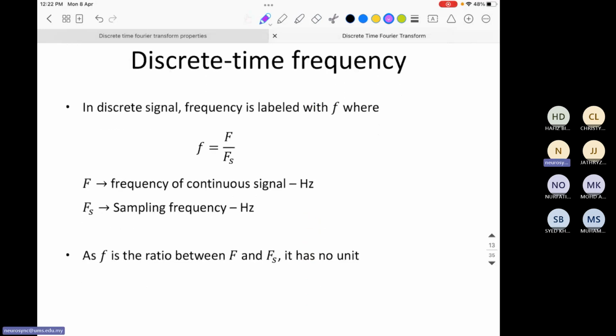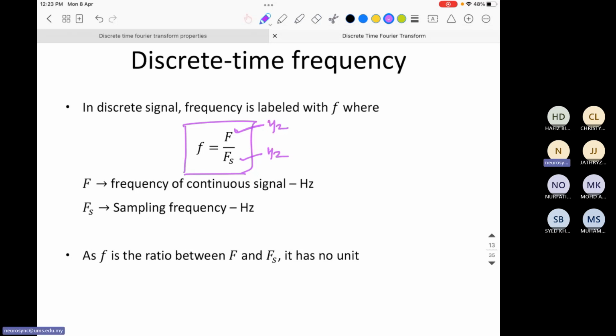Now the discrete time frequency, which we have already seen in the previous lecture. In a discrete signal, the frequency is the ratio of the frequency of the actual continuous time signal divided by the sampling frequency. The sampling frequency also has the unit hertz.